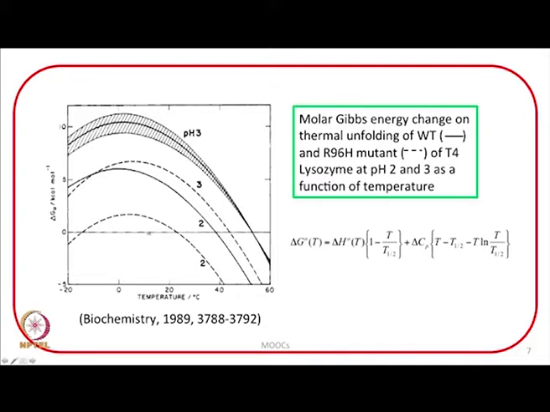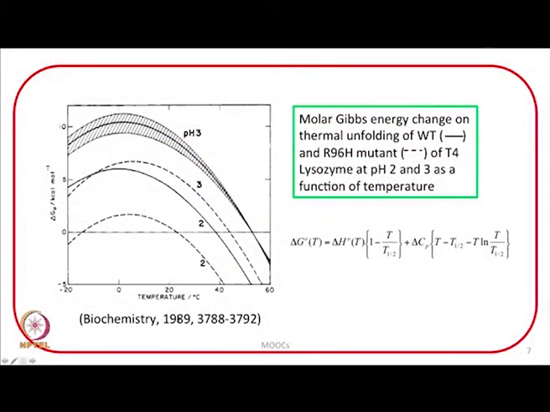At pH 2, sometimes one may see two transition temperatures, and these two respectively correspond to, this is the thermal unfolding and this corresponds to cold denaturation, because denaturation can be brought about by heat as well as by reducing the temperature.